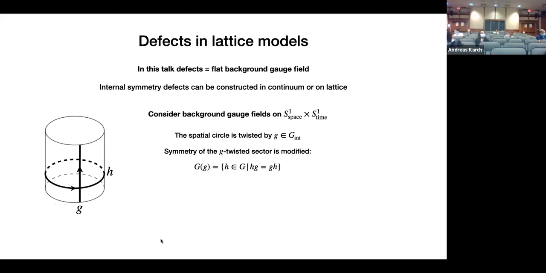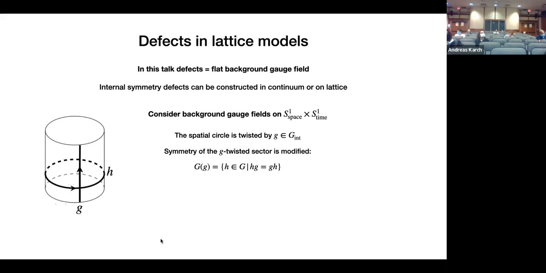But let's be a little more careful. So let's say the spatial circle is twisted by some internal symmetry G. Okay? So G is an element of the internal symmetry on the lattice. Now, when we have a twist in the spatial direction, the symmetry of the lattice model is modified because of that twist.